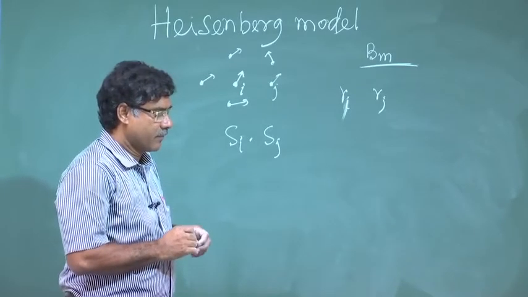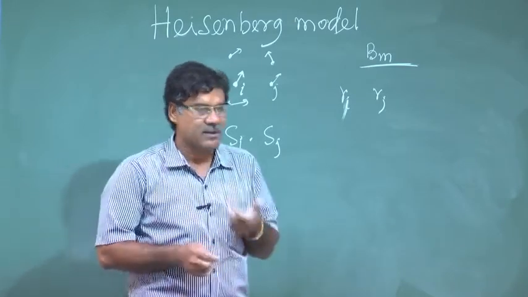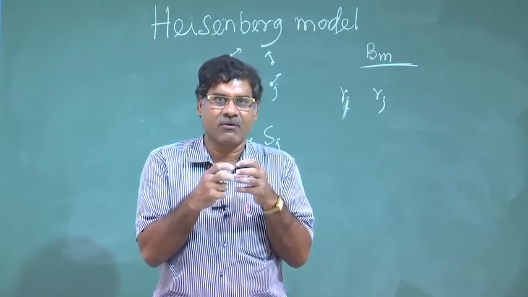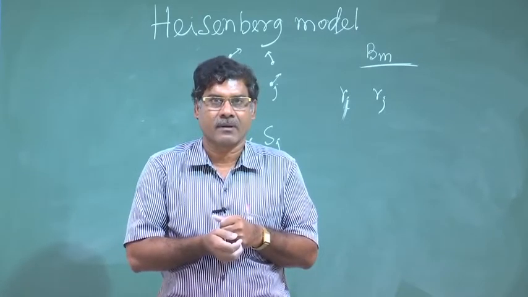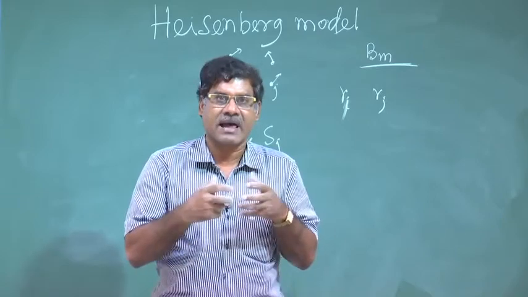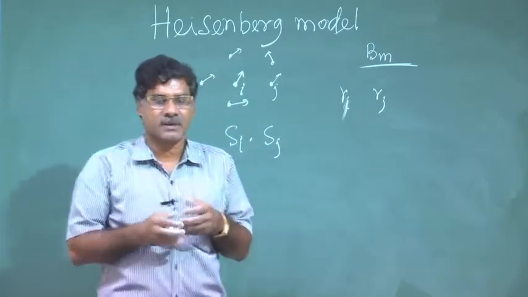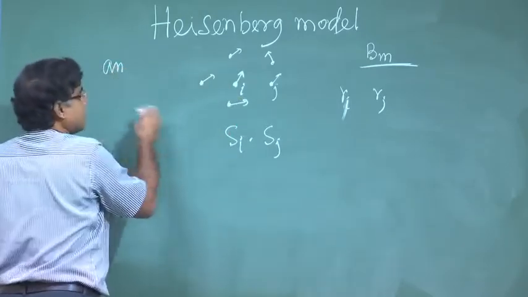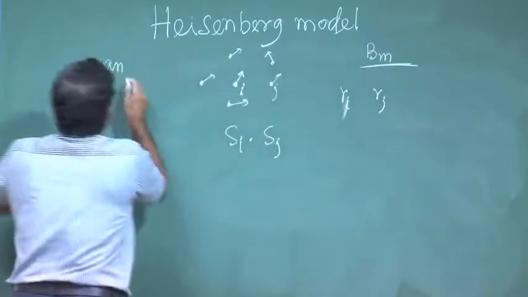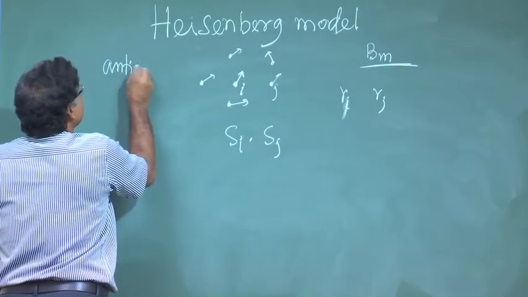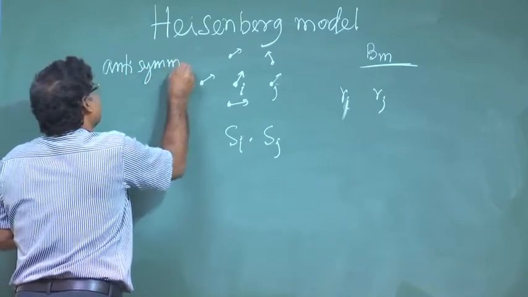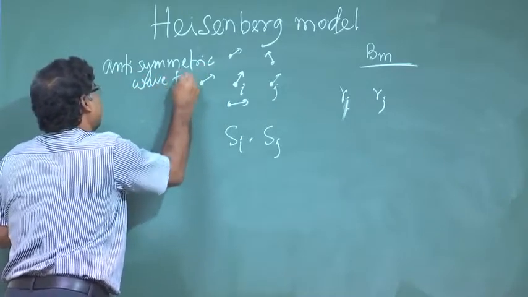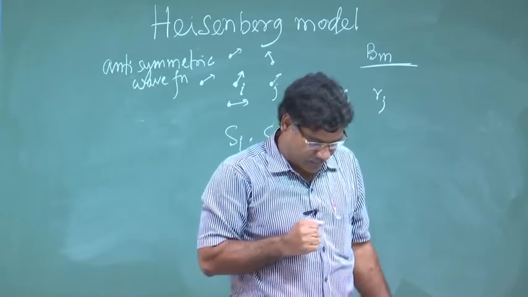Now, this is a 2 electron system, and if you find the wave function for this 2 electron system, since they are electrons, the overall wave function of this system has to be an antisymmetric wave function, right.